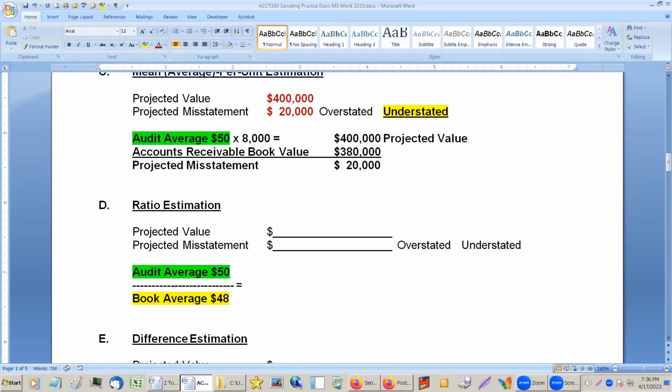Not equals, I'm sorry. Times the book value. I'm just going to take the 380. I don't think that's going to be a nice number.